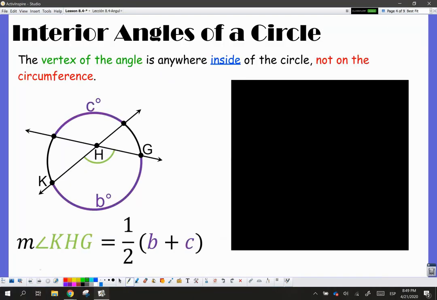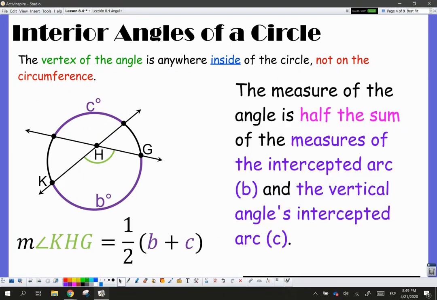So being an interior angle, to find the measure of that interior angle, we have our formula here. And explaining it in words, what it says is the measure of the angle is half the sum of the measures of the intercepted arc, which is B in this case, and the vertical angle's intercepted arc, which is C. Remember that vertical angles are directly across from each other.